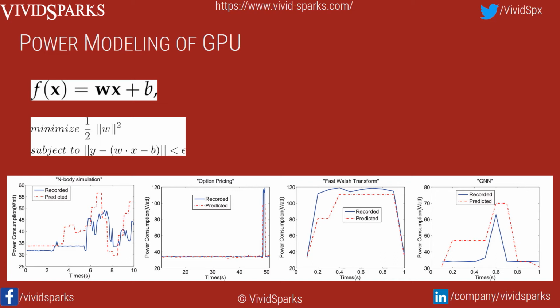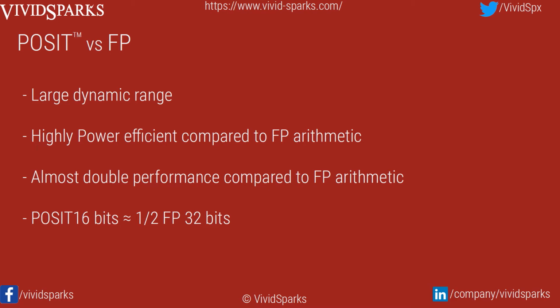Red stands for the predicted model, and blue stands for the original sample. So using this mathematical model, the red one, you can predict GPU power. If you compare POSIT versus floating point, POSIT gives you a large dynamic range.